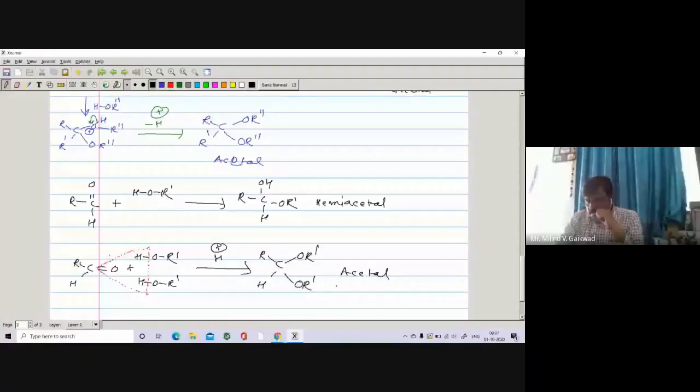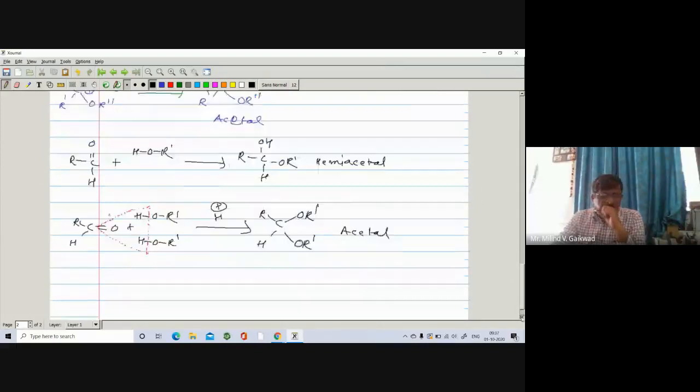Acetal formation takes place. So we have seen there is a formation of acetal. Now, if you react a carbonyl compound, aldehyde or ketone, with one molecule of alcohol, you get the corresponding hemiacetal. But if you react with two molecules, you get the corresponding acetal.